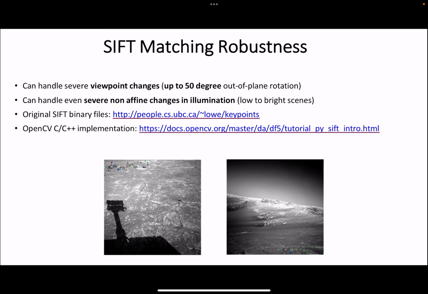And this example is the first example that I showed in the last class, right? This is actually from SIFT. SIFT matching robustness can handle severe viewpoint changes up to 50-degree out of plane rotation. It can handle even severe non-affine changes in illumination, low to bright scene. So you can see this is quite bright. This is quite dark.